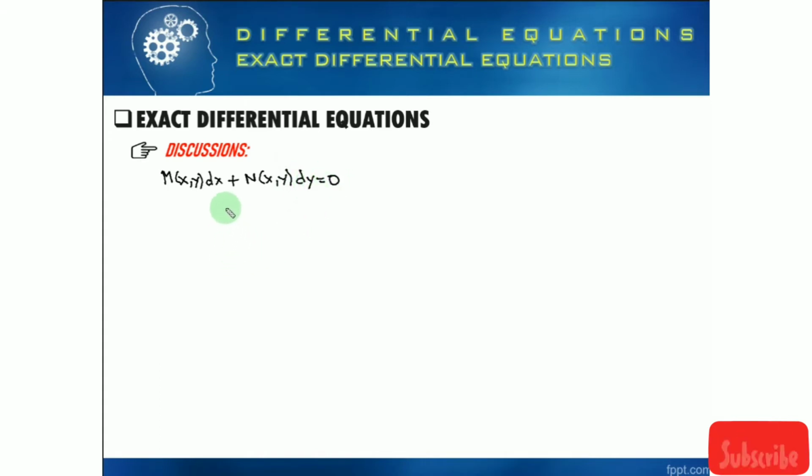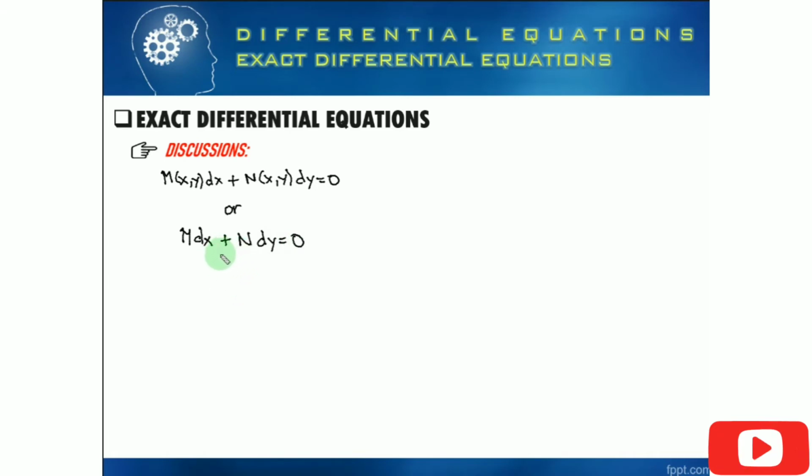Okay, this is our standard form, or you may opt to use this form: M dx plus N dy is equal now to 0.